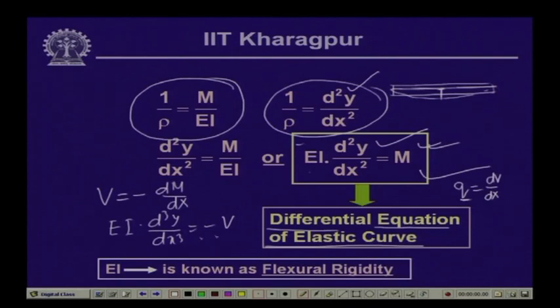If we take the derivative of this, we get E I d4y dx4 equals minus q, which we saw last time while deriving these governing equations, wherein E I is a parameter which we call flexural rigidity.